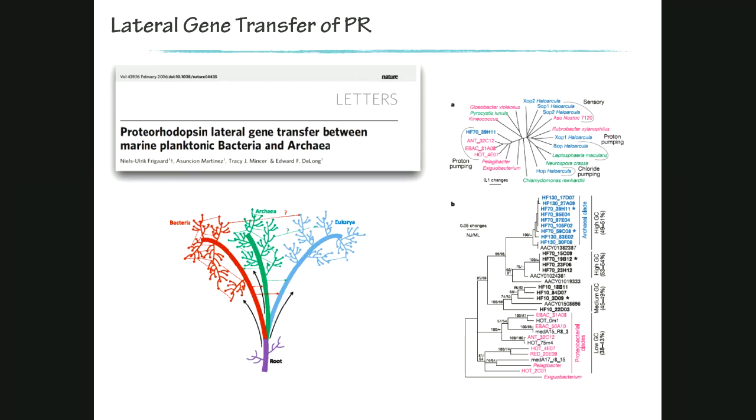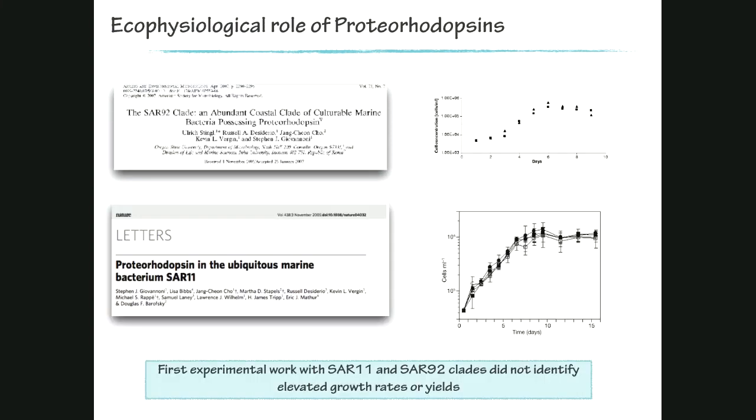That is probably why it is so widespread: it is very easy to transfer, because it is based on only two genes. Sometimes it has even been transferred from bacteria to archaea, and not only from archaea to eukaryotes. That makes it very widespread.